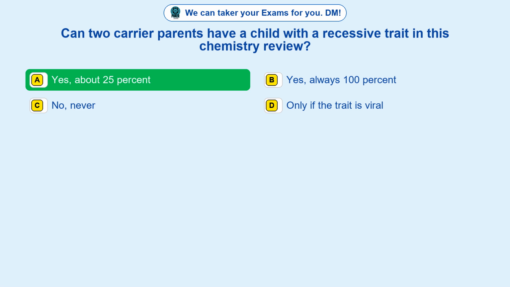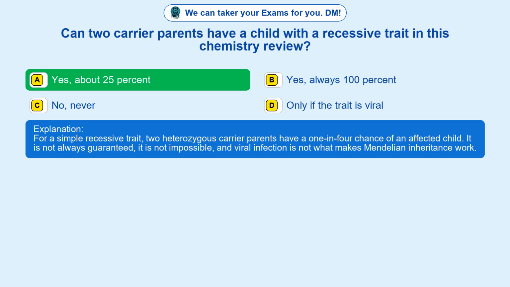The correct answer is option A. Yes, about 25%. For a simple recessive trait, two heterozygous carrier parents have a 1 in 4 chance of an affected child. It is not always guaranteed, it is not impossible, and viral infection is not what makes Mendelian inheritance work.